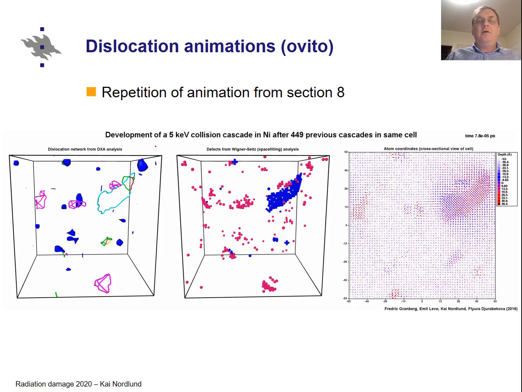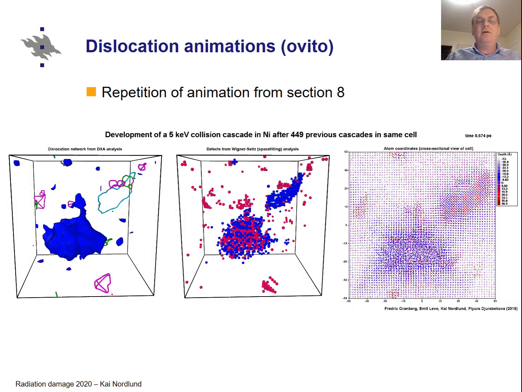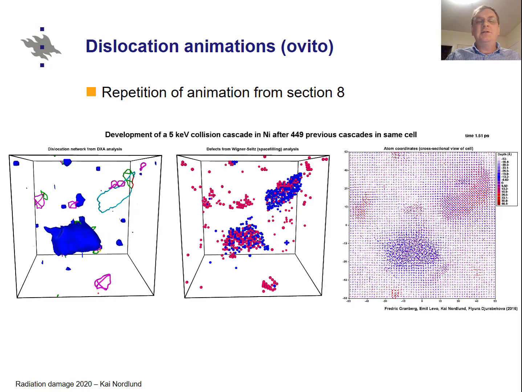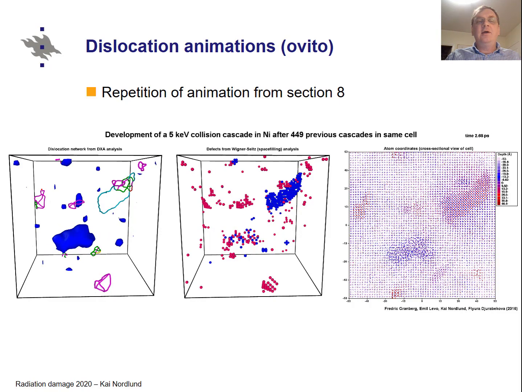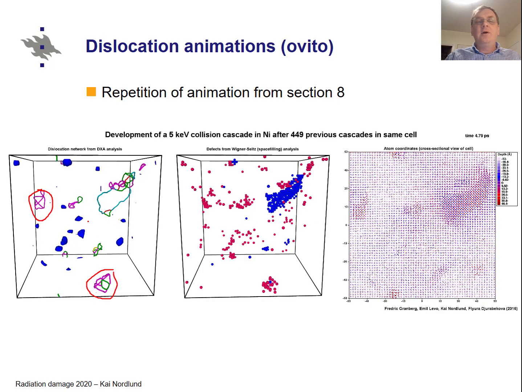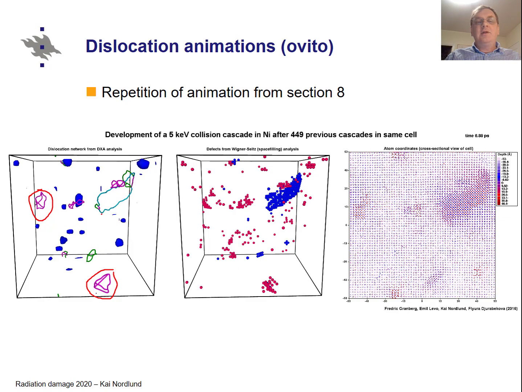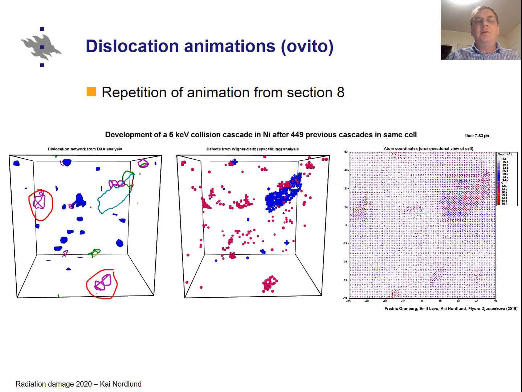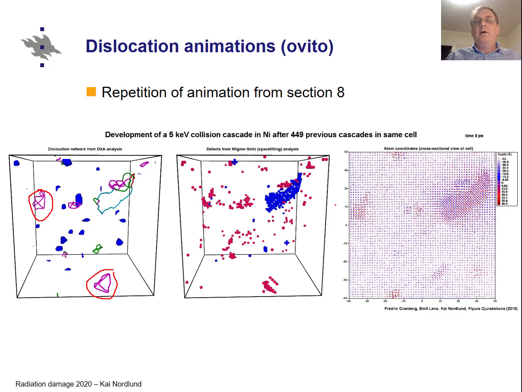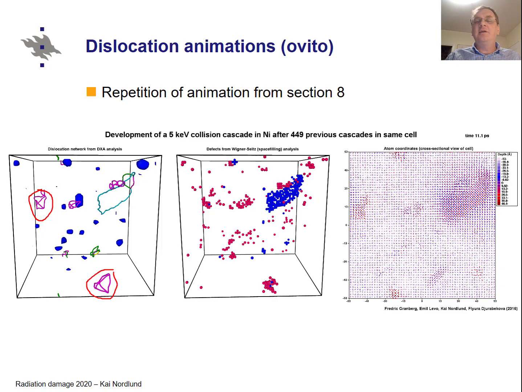Now we'll intentionally repeat one of the animations from earlier in the course where you had a heat spike, which reformed. Now we can understand better what's here. You see one of these disordered stacking fault tetrahedra. Here is another one, and here is a perfect partial mixed dislocation loop, which in a Wigner-Seitz analysis is a fairly well defined shape.